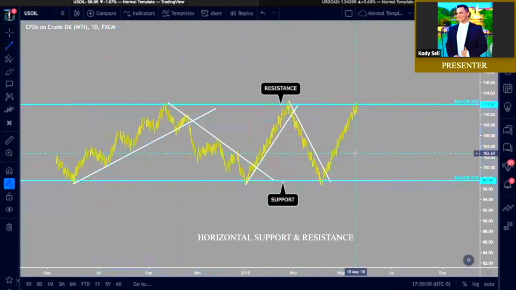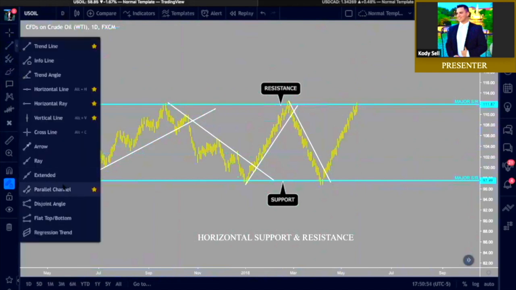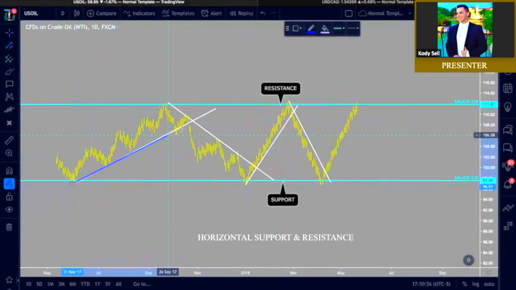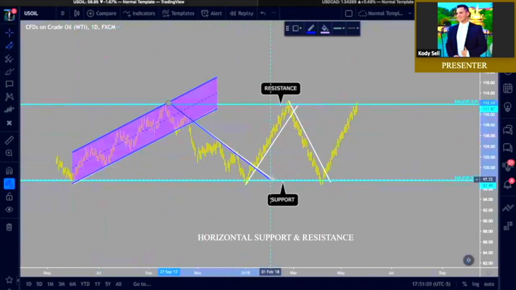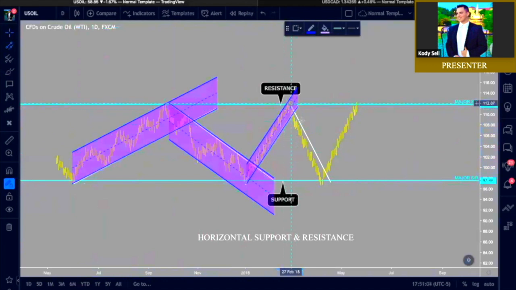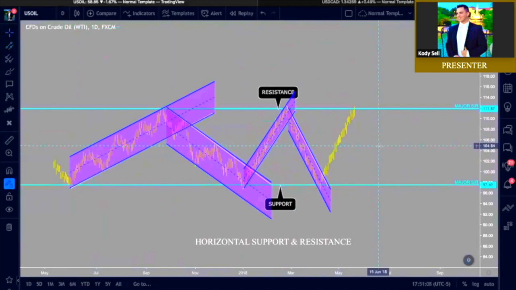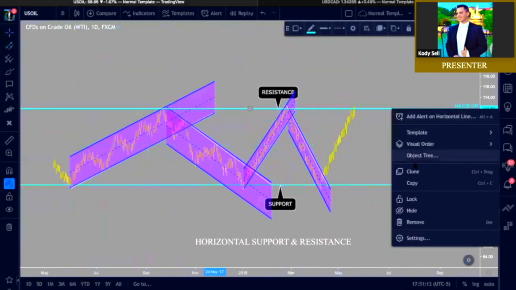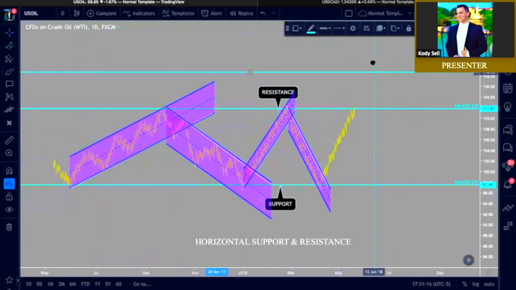So if price is moving within a specific trend each time, then we can say that price is moving in specific channels each time. So here we go, moving back and forth right here in between our support and resistance in specific price channels. And let's go ahead and add another level here, put that right up here.